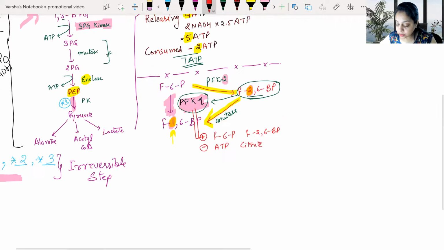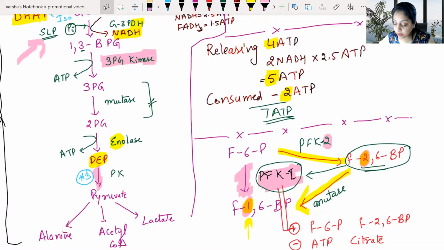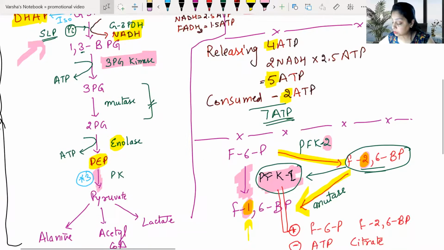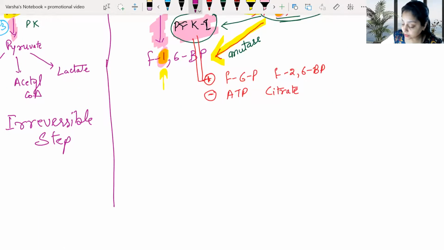Now coming back to the cycle again, what is the cycle? Another point that we need to know up here is 1,3-BPG, right? 1,3-BPG is the step what you have here. There is a phosphoglycerate kinase enzyme and you form 3-PG. So one more point you can add on the right hand side half.